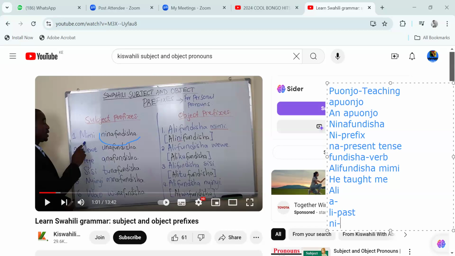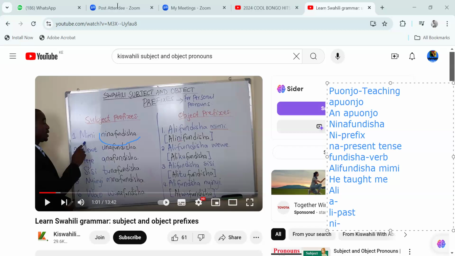Brother Coco, you can go ahead in case of anything you want to say. No, I think I was done. But just remember what they said about the subject pronoun, Sister Ida. We had Mimi, which becomes Nina, and then for the second person, Unafundisha, and then the third person is Anafundisha. So in this case, Alifundisha, we're talking about the third person who taught me.